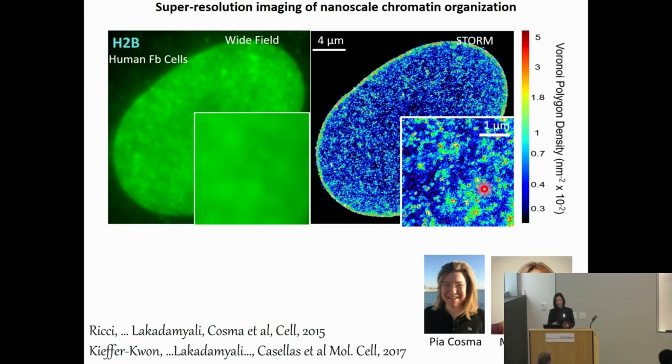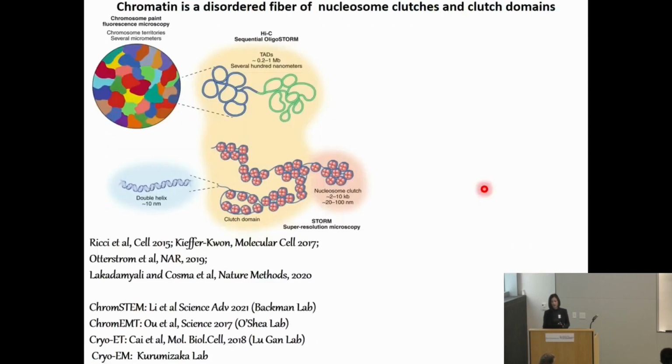And I'm going to skip many years of work in the interest of time and just give you this model that we have settled on. Our quantitative analysis told us that these were small groups of nucleosomes. We called them nucleosome clutches, like egg clutches. They're quite heterogeneous. So in any given nucleus, you can have nucleosome clutches of varying sizes, consisting of somewhere between a few nucleosomes to a few hundred nucleosomes.